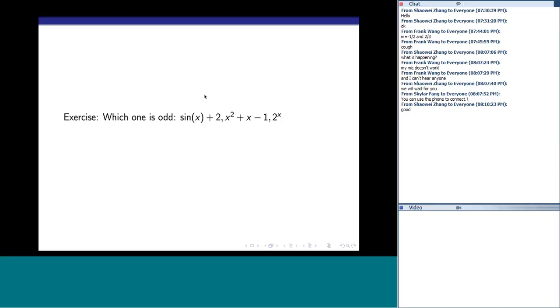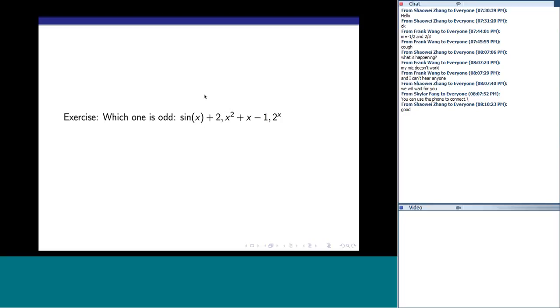Andy, what do you say? You think? Is it the second one? Okay, Skylar, what do you think? Third one? So William, you think the first one?